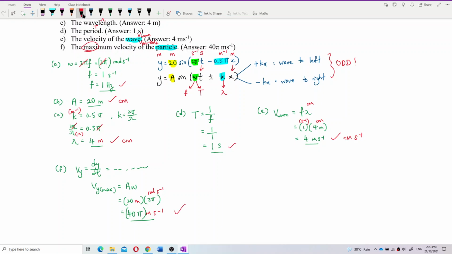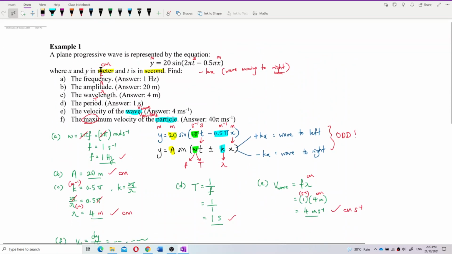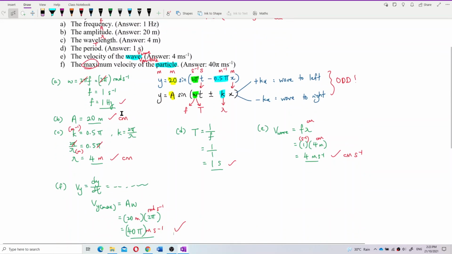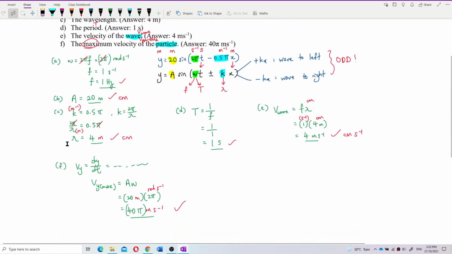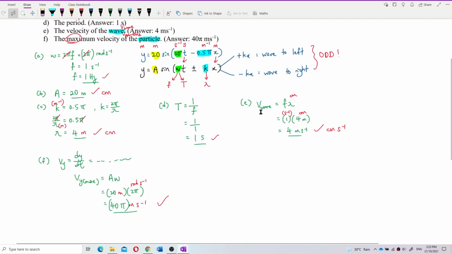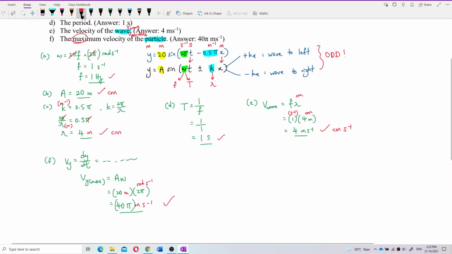Okay. So let's say your x and y are in centimeter, then your amplitude will be in centimeter, your lambda in centimeter, your velocity of the wave also in centimeter per second, and your particle vibrational velocity will also end up as centimeter per second.